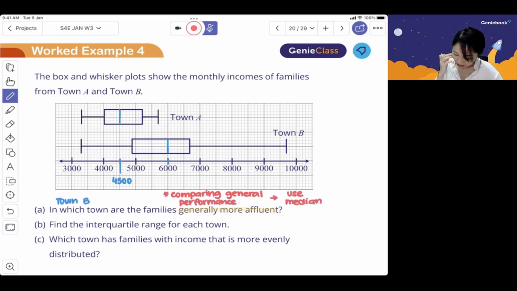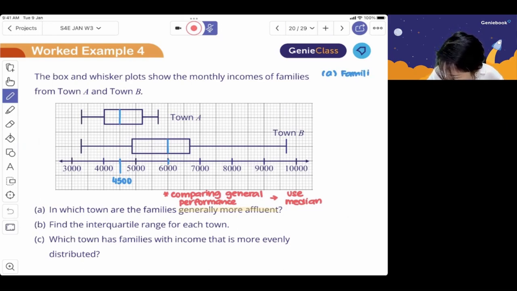Now find the interquartile range for each town. Actually, when you're presenting your answer, you can't just write town B. Maybe I can write my answer here. In which town are the families generally more affluent?